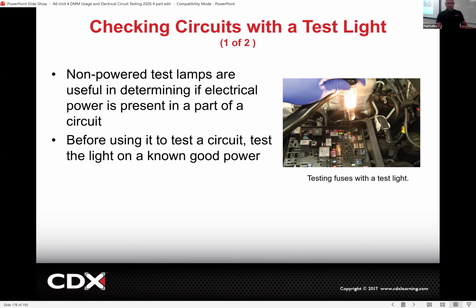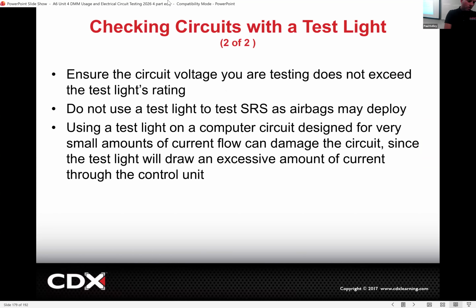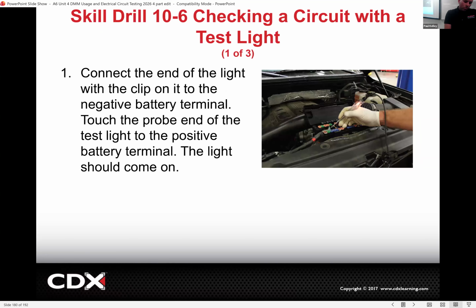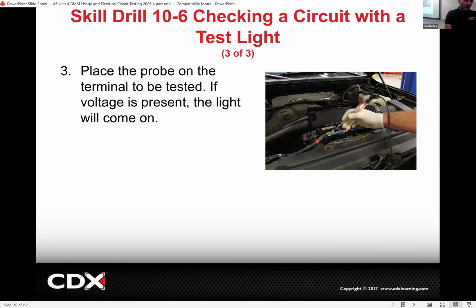So the test light's good, but not preferred for computerized circuits, FYI. Okay, and then, just make sure we know approximately the voltage range so that we're using the right type of stuff. Definitely don't use it on SRS, and like I mentioned about the computer. So if it's with airbags, no. Although it'd be fun.